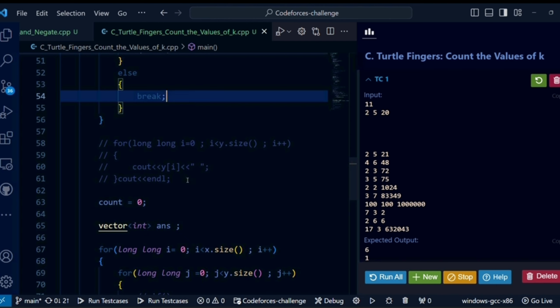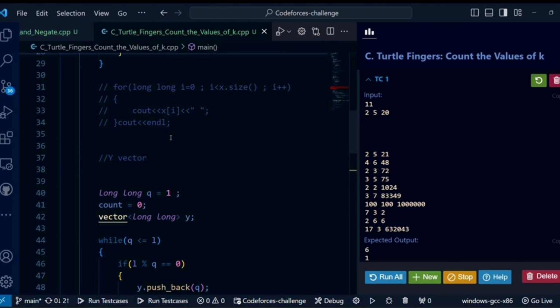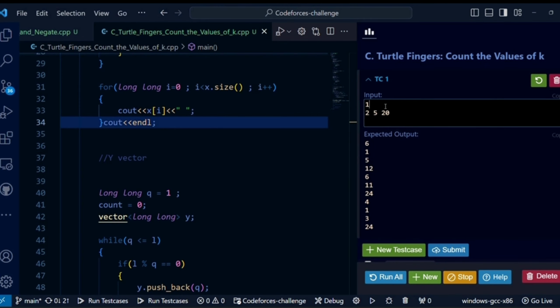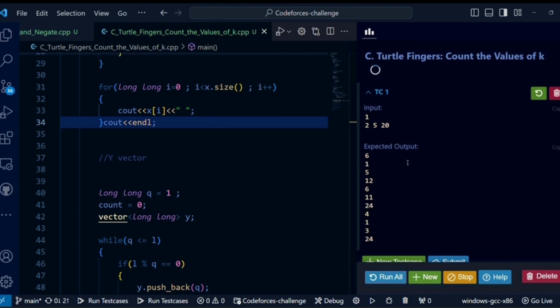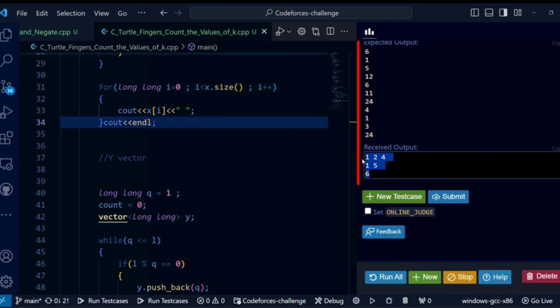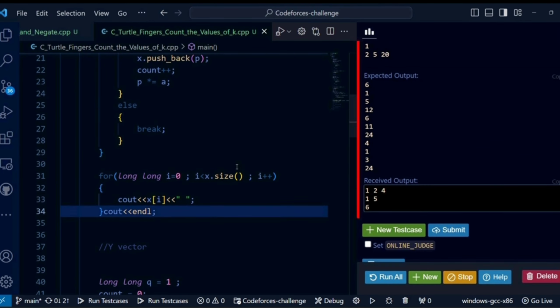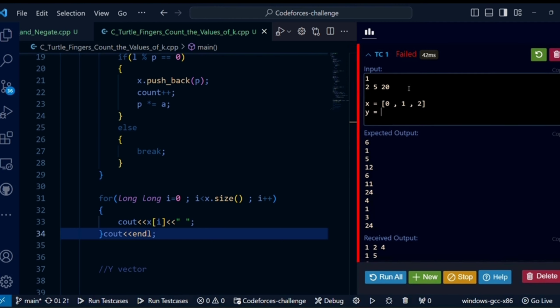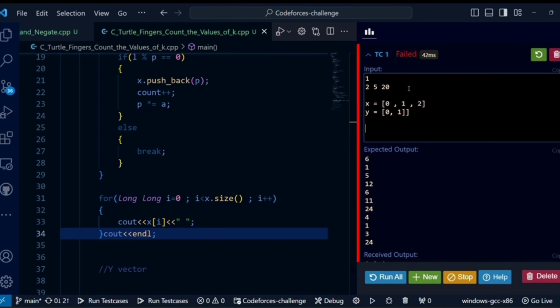Now here, let me show you what I am going to get for x and y. Let's remove all the traces for now to explain it well. So the possible values of x and y I am getting here are 1, 2 and 4. As I know, the powers of x will be 0, 1 and 2, and the powers of y were 0 and 1 itself.